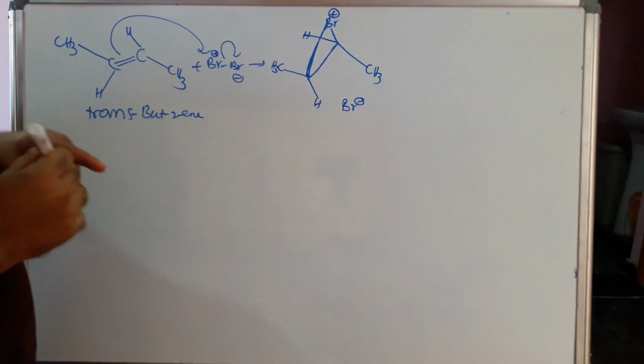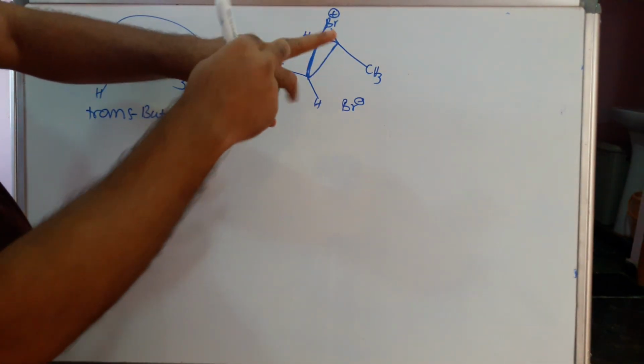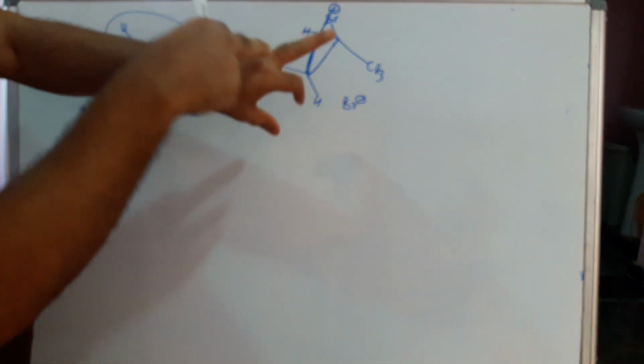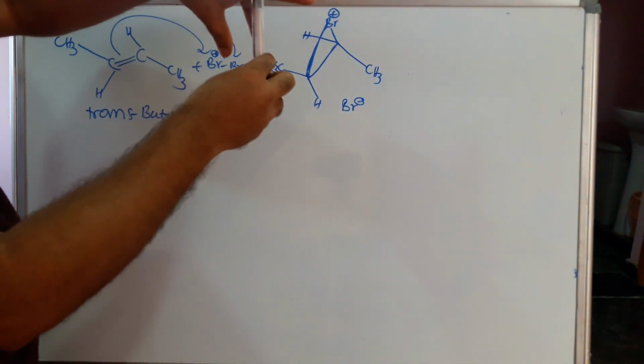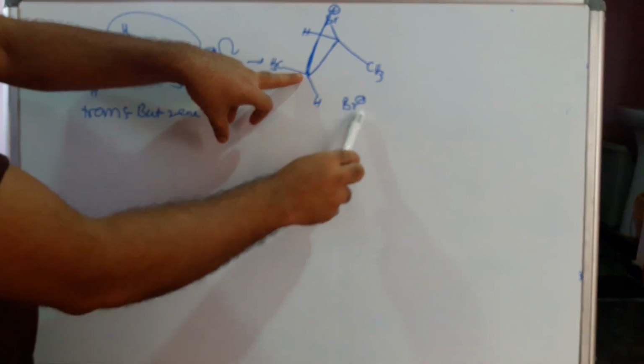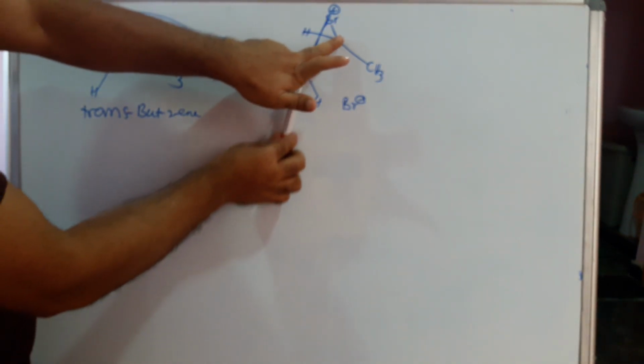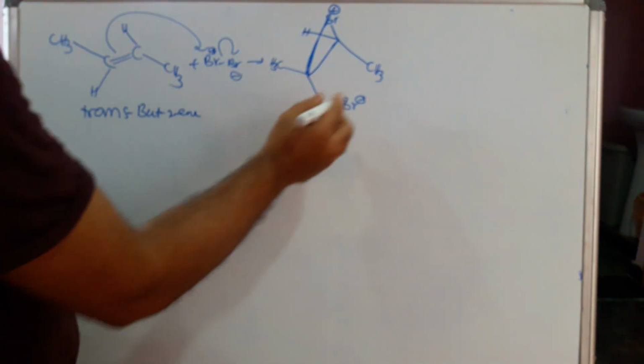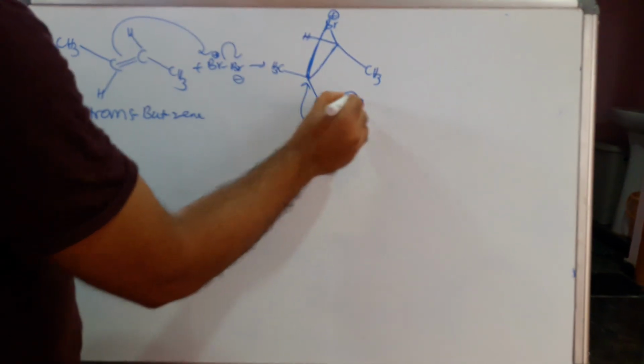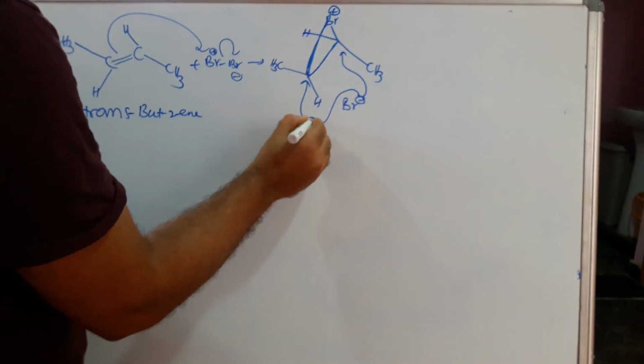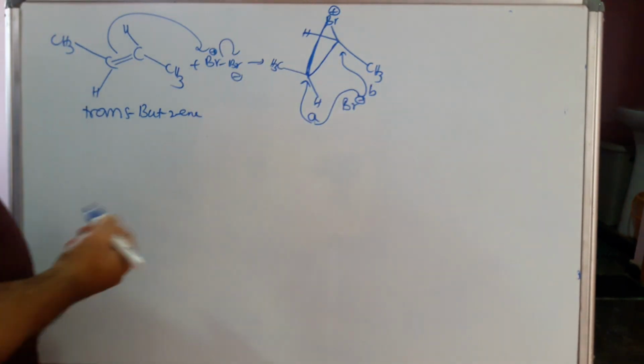Already told you that this carbon line will be, this is methyl, this is hydrogen, attacking from down. That's why this bromine will attack from down. Here also attack from the down. This is path A. We know this is path B.